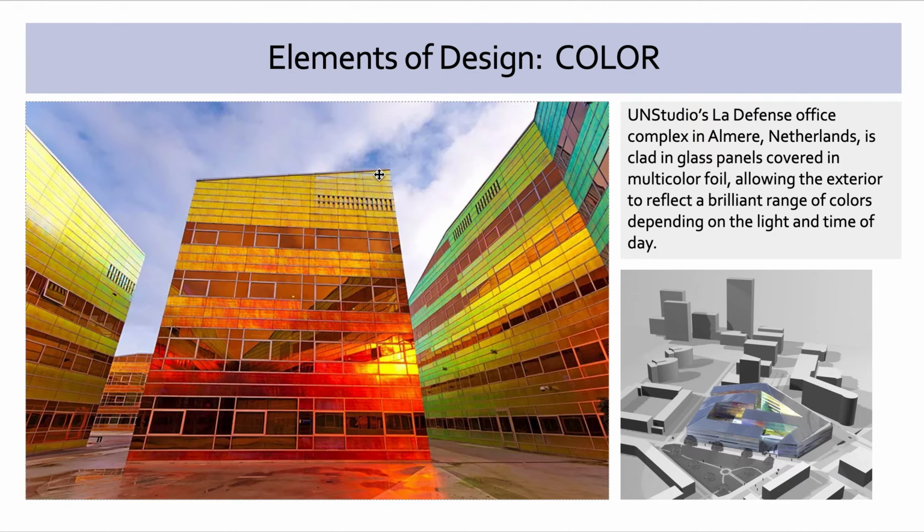But this is the actual building. And so they created that panel on the exterior so that however the sun hit it, it created interesting different colors. That's pretty cool. I do wonder, though, what it would be like to be inside that building and have that much color around you. Interesting.